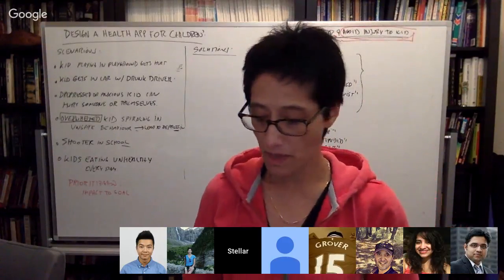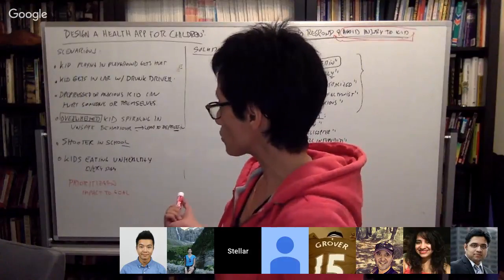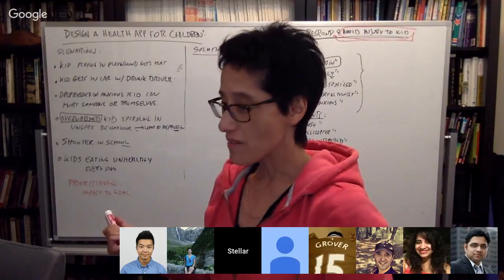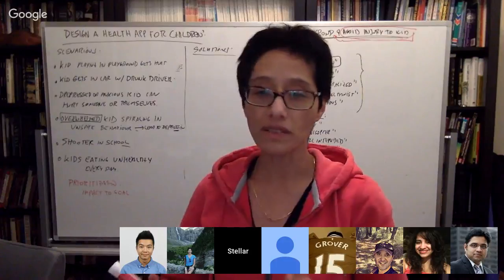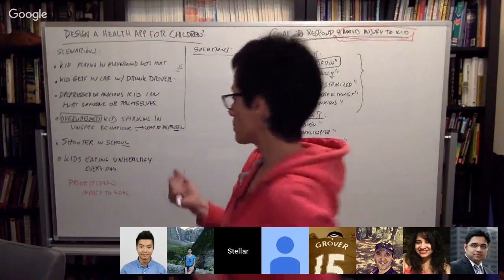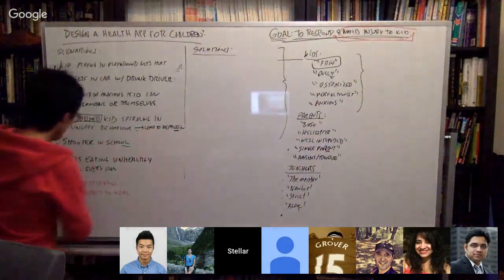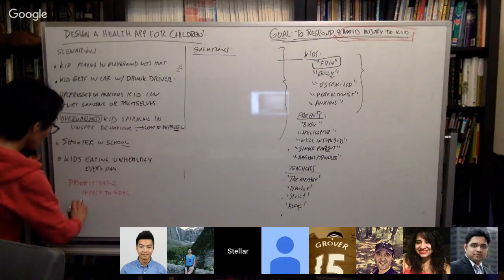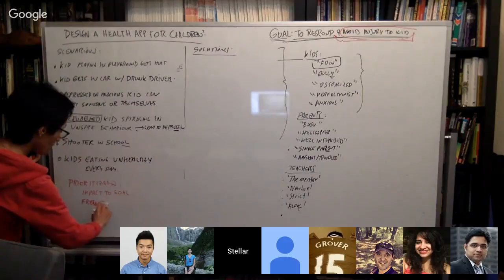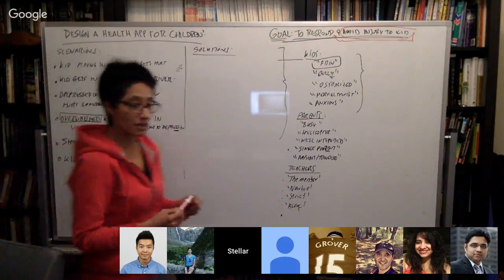And you made me think about the impact to the goal, but also, is it the most frequent case? That's the way I would do it. Most frequency, because then you're prioritizing the goal and the number of times it can occur.